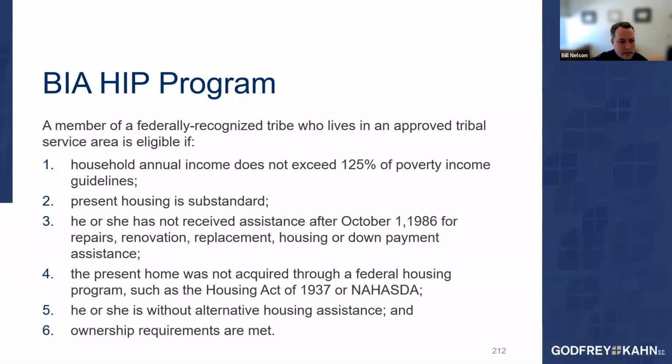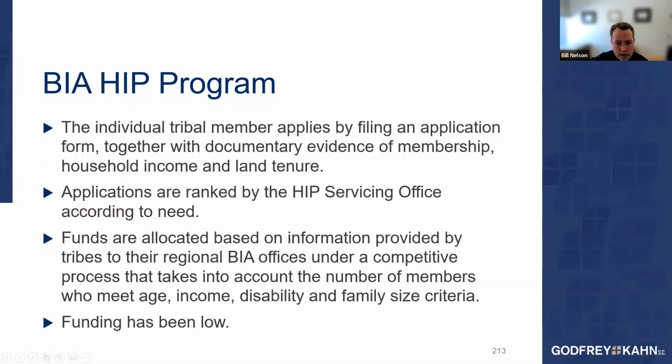So talking about the process for this, how the program is implemented. A tribal member applies to the BIA, which then ranks the project. Then when funding is available, the tribal member obtains a grant for the necessary repairs or new housing. Funding of the HIP program has historically been insufficient to significantly address shortages or overcrowding or any other chronic housing conditions in Indian country.